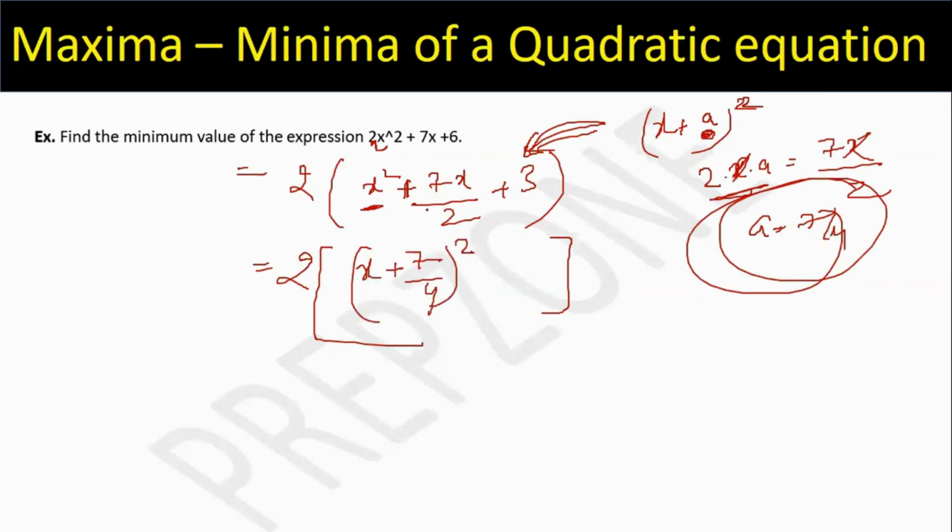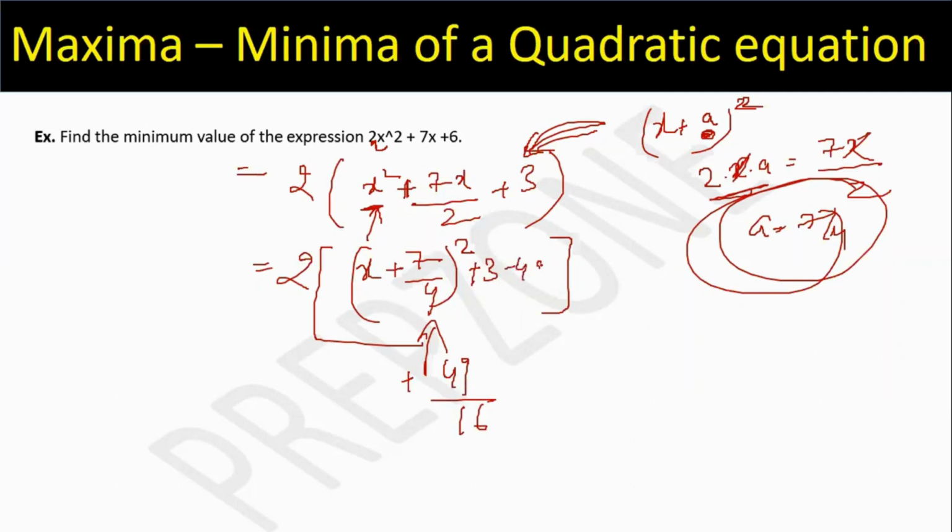Okay, whatever the coefficient is, you halve it. If you do x plus 7 by 4 whole square, then if you expand this you will get x square plus 2 into x into 7 by 4, so it will be 7 by 2x, plus you will get an extra term. What will the extra term be? b square, which is 49 by 16. So if I have to represent this, this is plus 3, but if you open this you get plus 49 by 16.